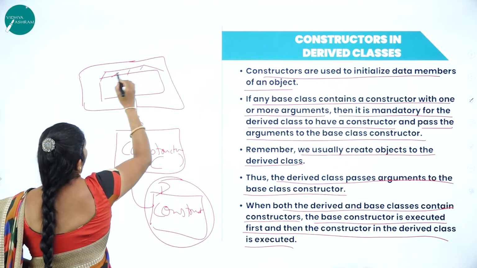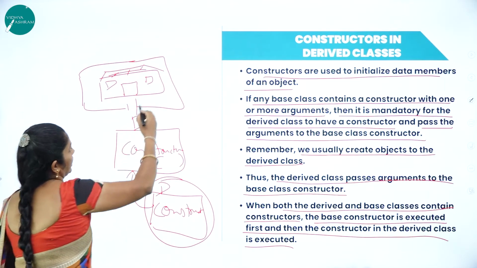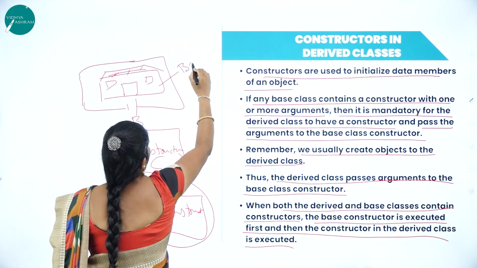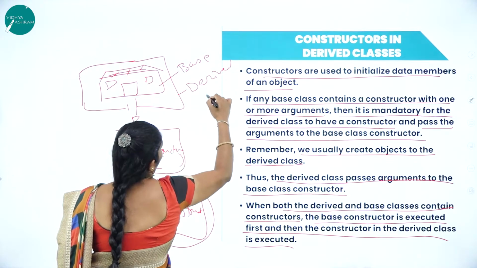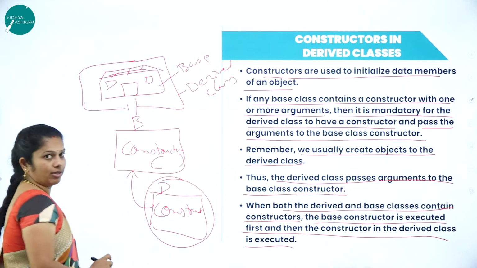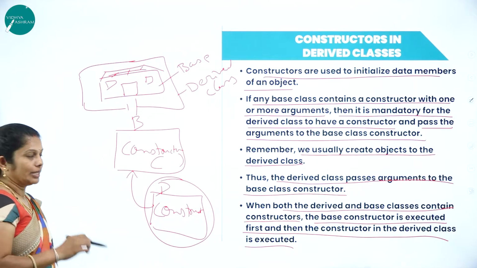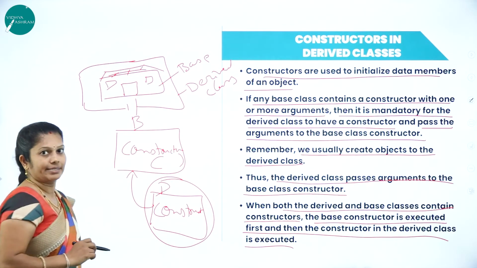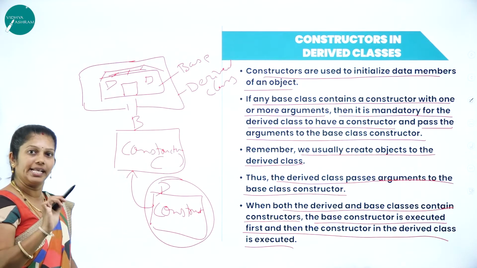Here we have a home with all the things, door, windows and all. This can be called the base class, and the compound can be called the derived class. If we have constructors in both, first the base class constructor will execute, then later the derived class constructor will execute.